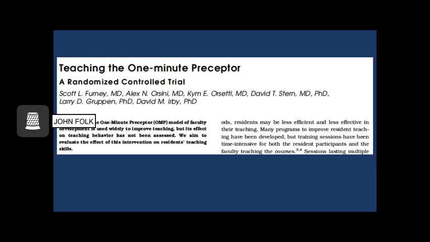Fernie et al. in 2001 conducted a study to investigate the effect of the OMP on teaching behavior. This study measured the effect of an OMP program on resident physicians working in a tertiary referral hospital and a Veterans Administration medical center, both affiliated with the University Medical Center in Ann Arbor, Michigan, and San Francisco, California.